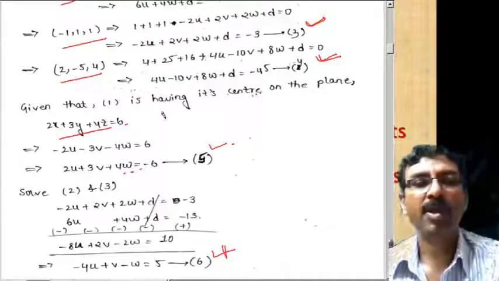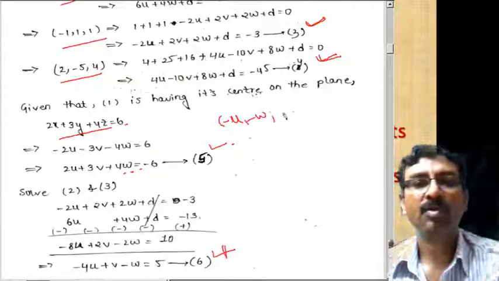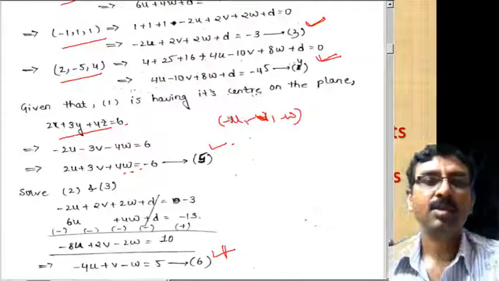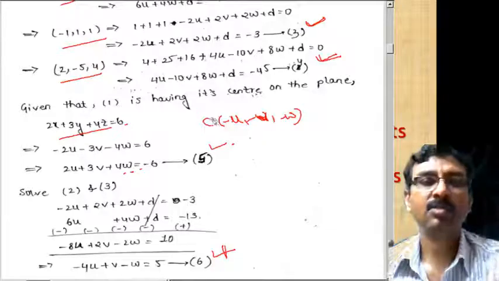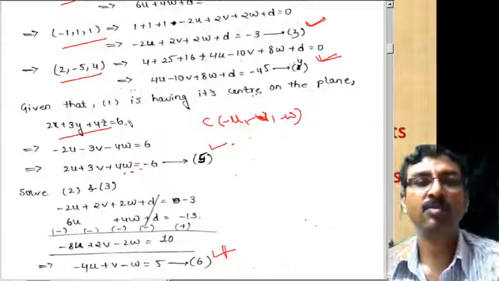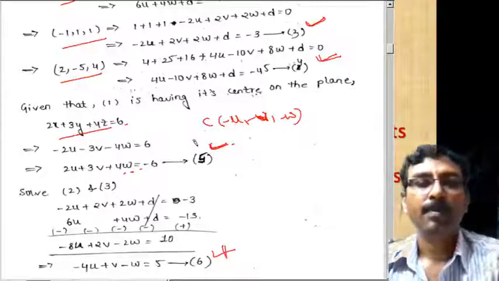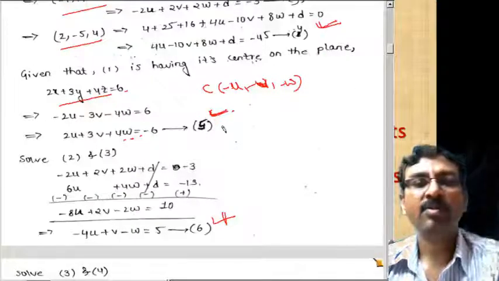This is the equation of the plane, and it contains the center of our required sphere. The formula for the center is minus u, minus v, minus w. Substituting this center in the equation, we get equation 5. But now we are considering equation 5 in step 2.